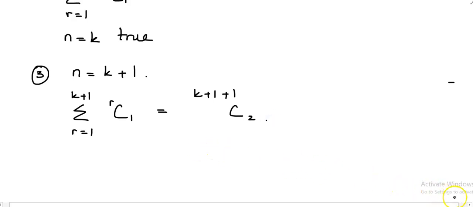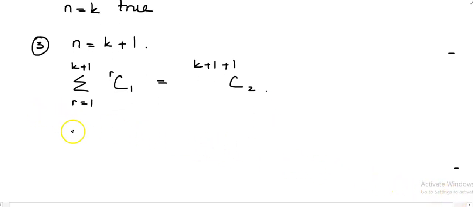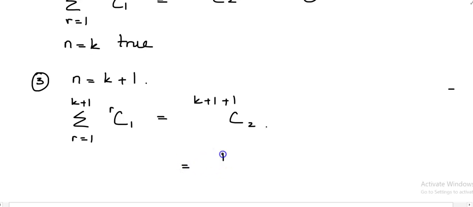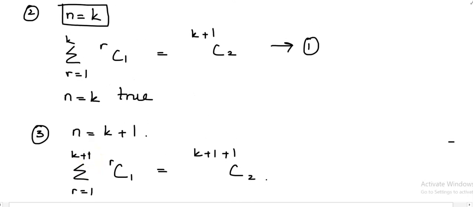Now I will expand this. The right hand side becomes k plus 2 combination 2, whereas I need to modify my left hand side a bit, because I will be utilizing the earlier result so that I can match the left hand side with the right hand side. So I need to make my left hand side look like the one in equation 1.